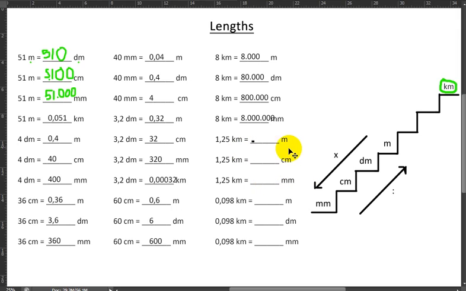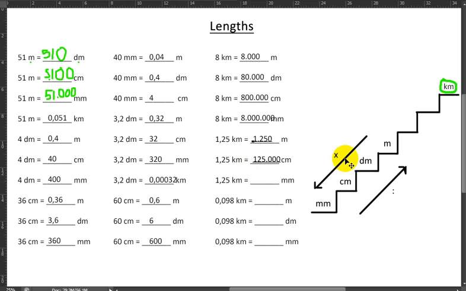1.25 kilometers into meters. 3 steps down, so multiply this by 1,000, and you get 1,250 meters. Next up, we have the same number again into centimeters, so that's 2 steps further down, 5 steps down, so times 100,000, and you get 125,000.